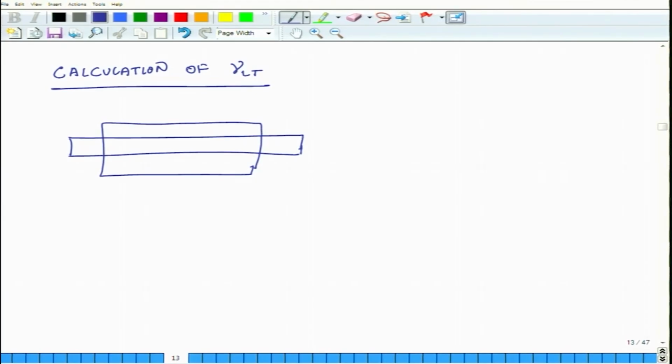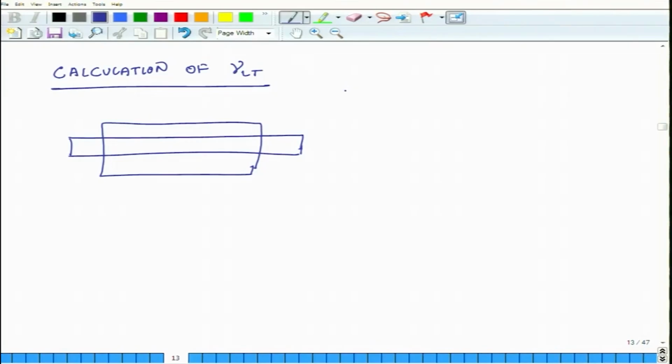Now I have thinning of the composite because of two reasons. One reason is that the matrix is going to thin down, and the other reason is that the fiber will thin down. So there will be a Poisson strain in the fiber and a Poisson strain in the matrix. Let us write down those relations.